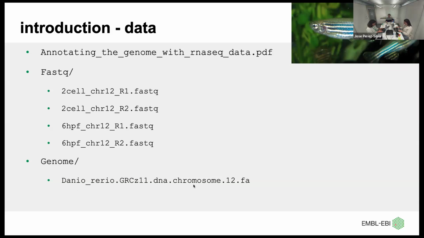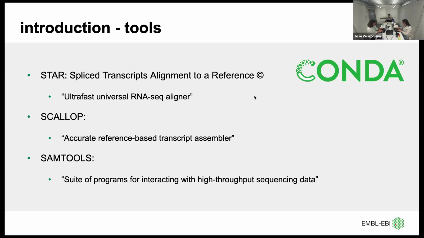Again, to lessen the computational needs of this experiment, we are only using 1 chromosome because we know for a fact that the window we want to check in the genome is in here, and we will have the results.